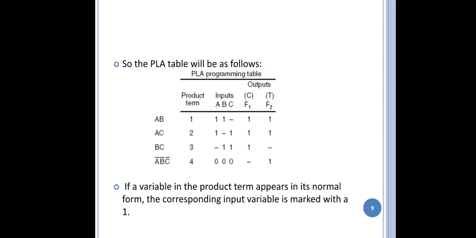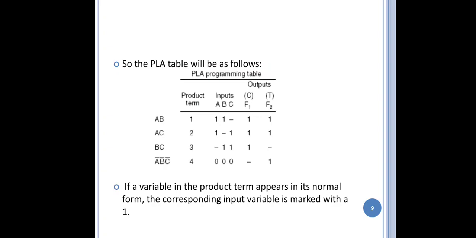In the output column we have two kinds of entries, either 1 or dash. A 1 represents connection and a dash represents no connection. For F1 we have the product terms AB, AC and BC. Corresponding to AB, AC and BC, put 1 under F1, and dash indicates no connection.